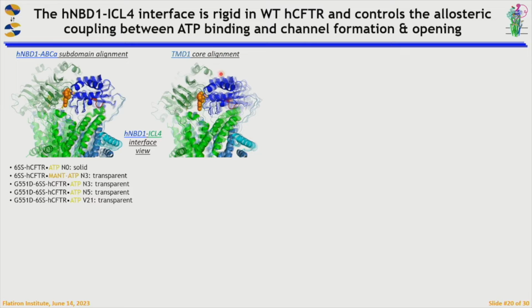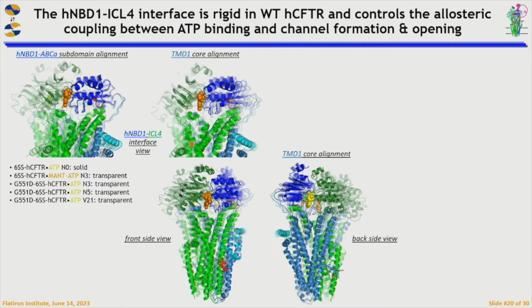If I align instead on the core of TMD1, right now you see something different. When you align here, everything over here is blurred out. When we align on TMD1, this whole region also becomes blurred out. These are other views based on this TMD1 alignment, and this is probably the most interesting one.